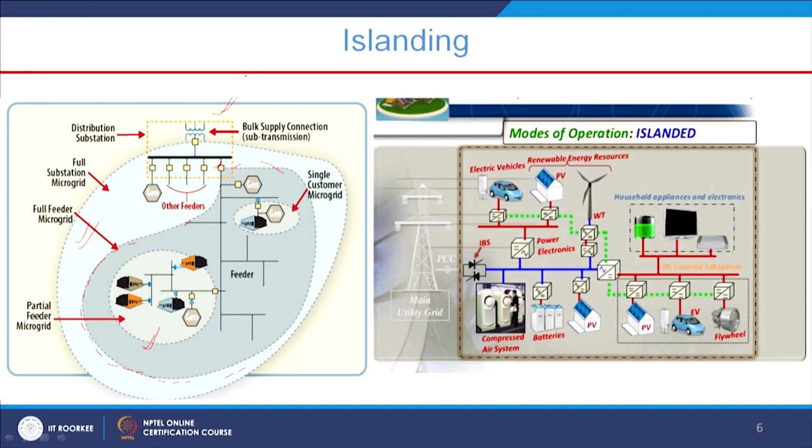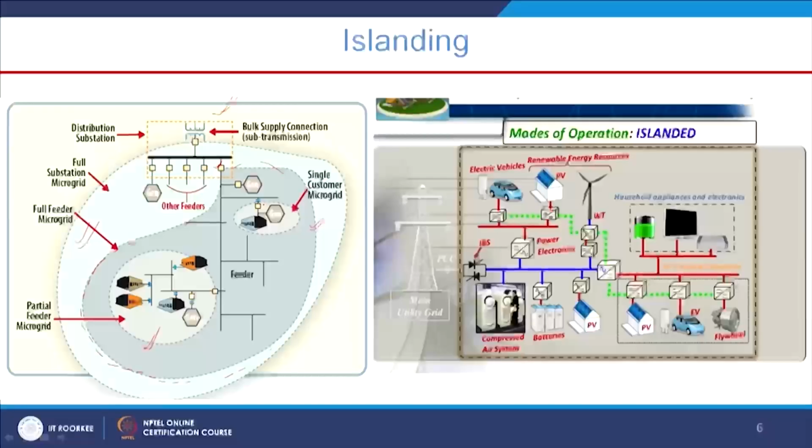And we also have the single customer microgrid. Single customer microgrid means we have a single customer, and near the customer end we have DERs, distributed energy resources, which supply the power to the customer. Now if this particular breaker is open, this single customer microgrid system is going to be isolated from the main grid.